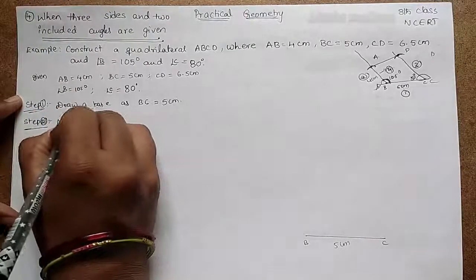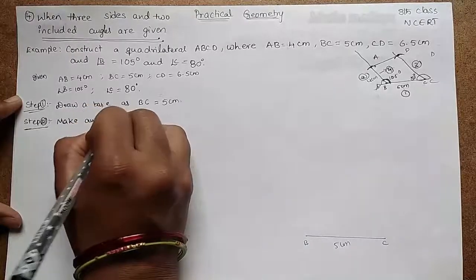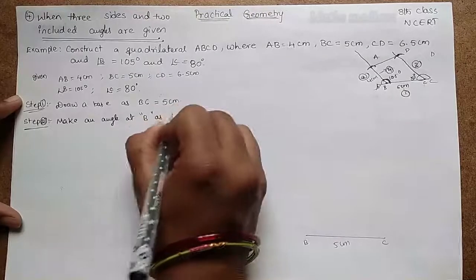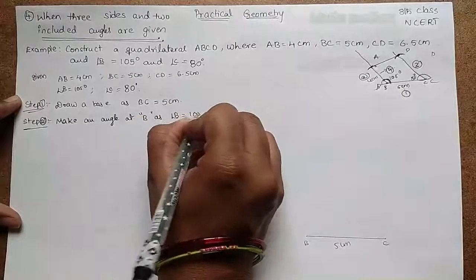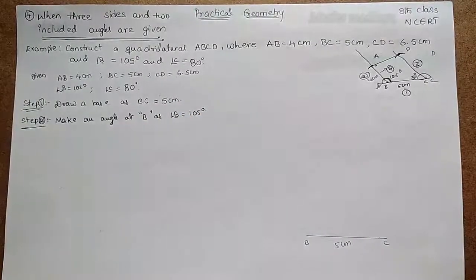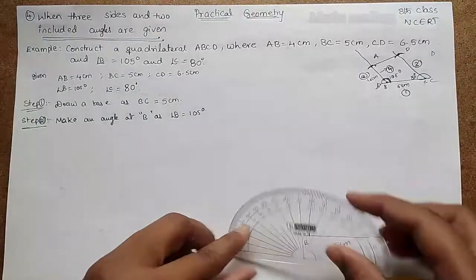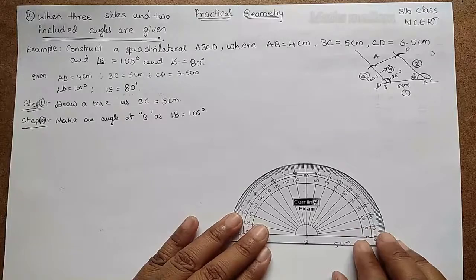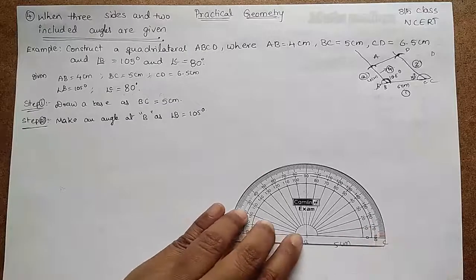Make an angle at B as angle B is equal to 105 degrees. So put the protractor here, make an angle 105 degrees.